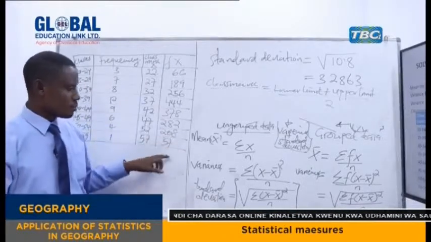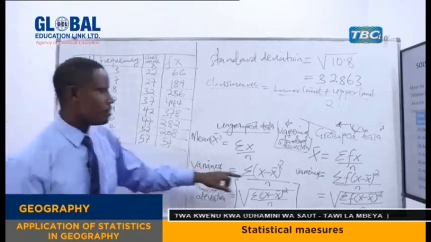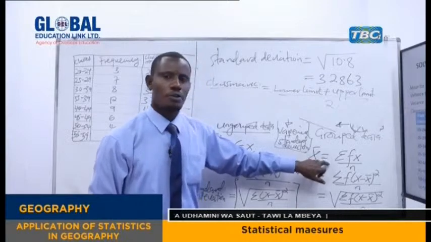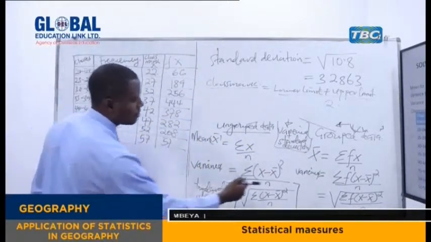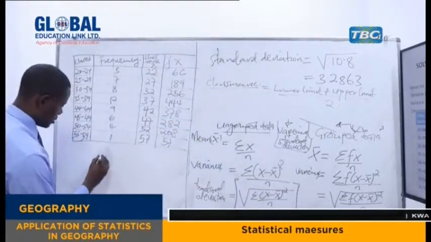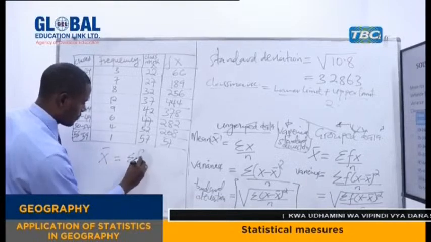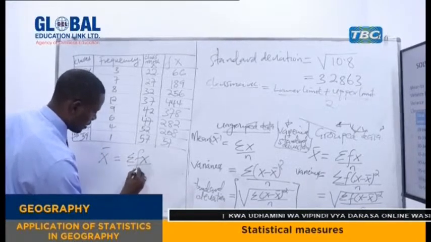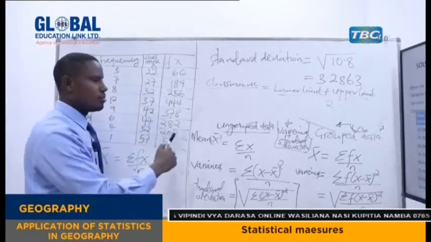So this is fx because we just want to compute the so-called what? The mean. We want to compute the mean for the grouped data. Therefore, we have said the mean for grouped data is equal to the summation of fx, then you divide by n. So for that case, we should sum up that column.